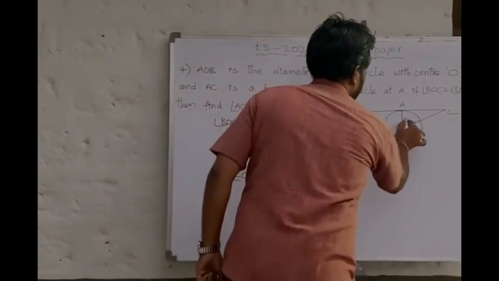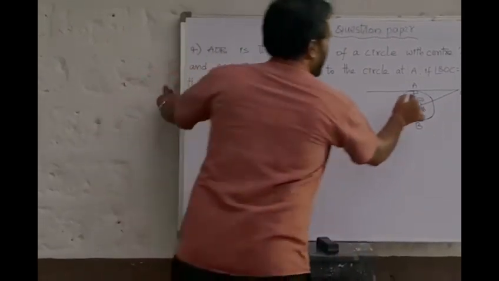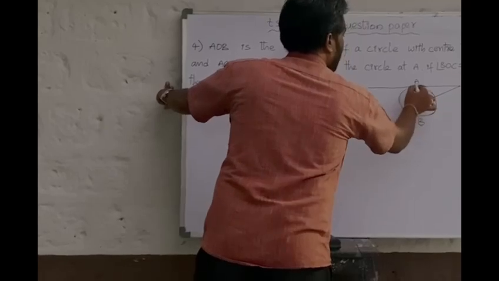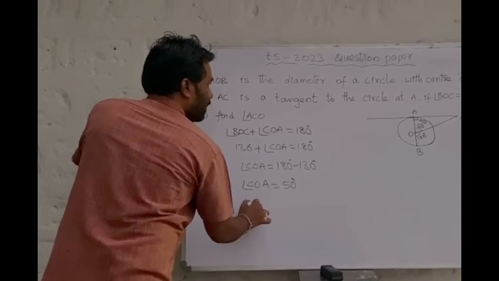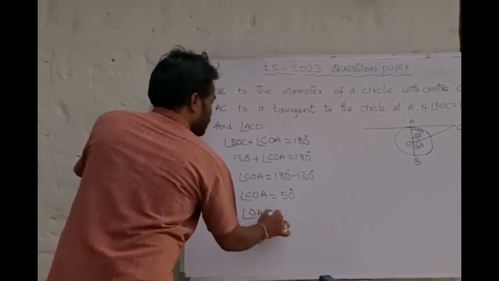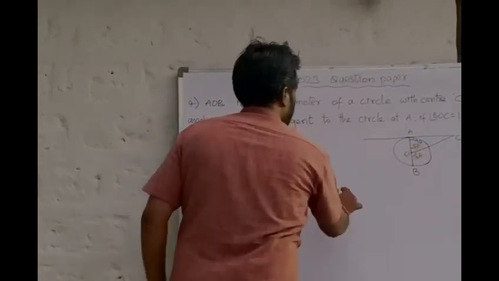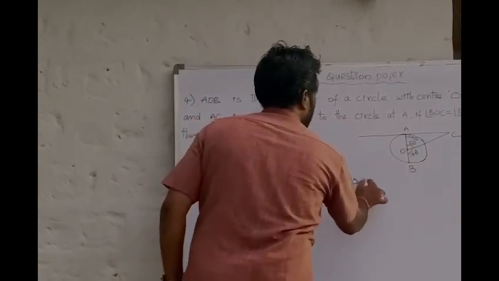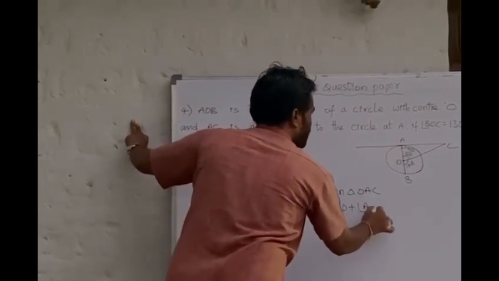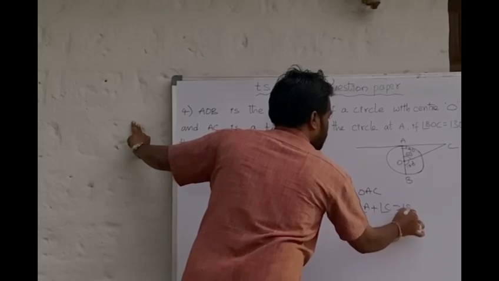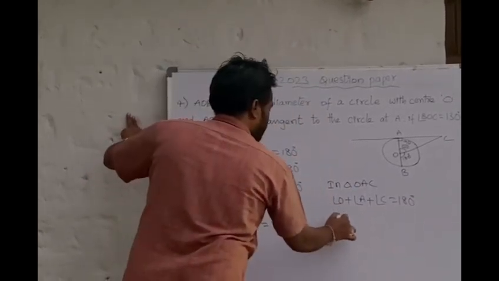Already angle OAC is equal to 90 degrees because the angle between tangent and radius is 90 degrees. So OAC is a triangle. In triangle OAC, angle O plus angle A plus angle C is equal to 180 degrees. Angle O means COA, that is 50.